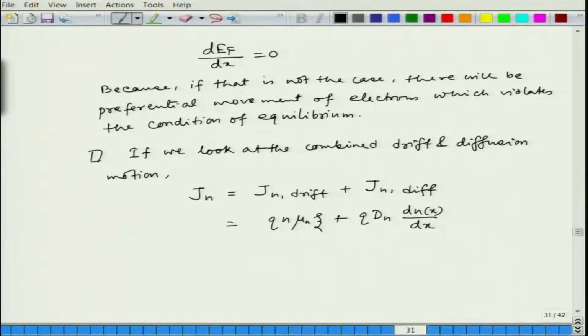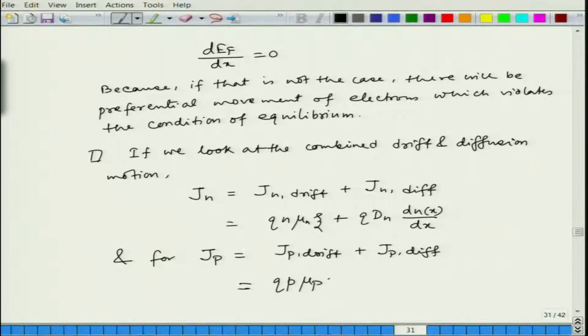These two terms we obtained earlier, and for hole Jp, the current density due to hole, it will be again due to drift plus diffusion of holes, okay. And here what we have is q into p mu_p xi minus q capital D_p dp/dx, right.